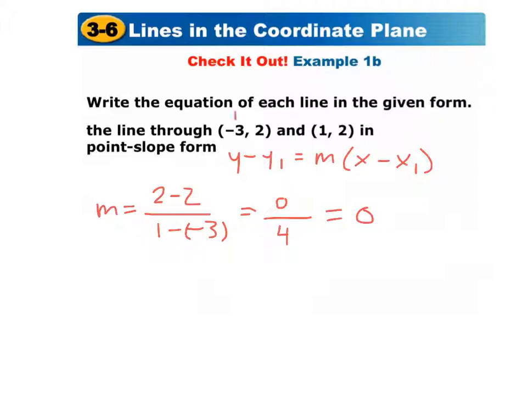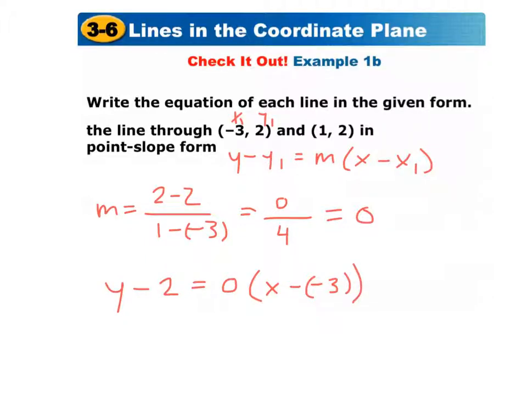So we can call our first point x1 and y1. So we have y minus, what's our y1? 2 is equal to 0 times x plus 3, or x minus -3, which would be plus 3.